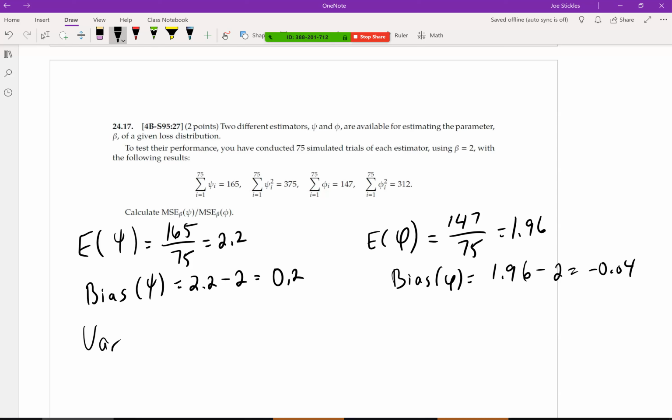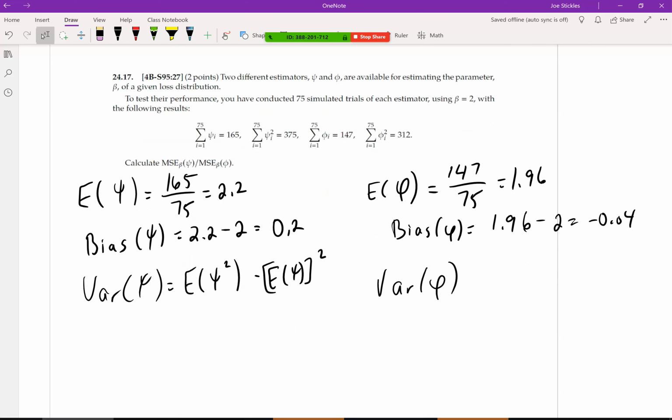All right, for the other part of mean square error, we need the variance of each of these. And of course, the variance is expected value of the psi squared minus the expected value of psi quantity squared. So we know each of these as well.